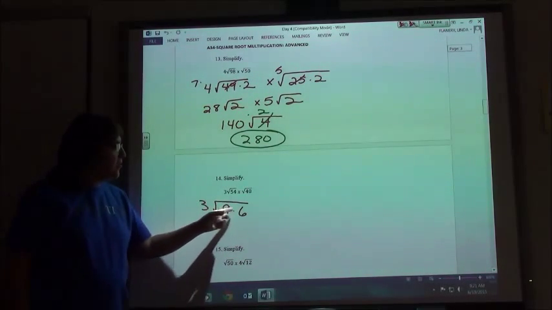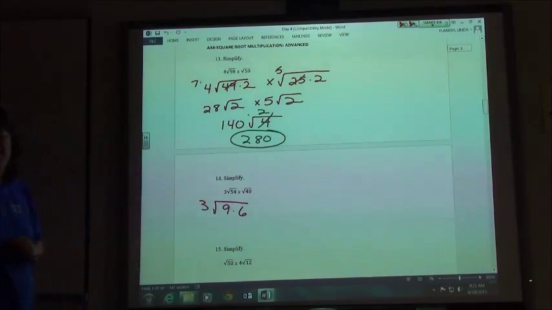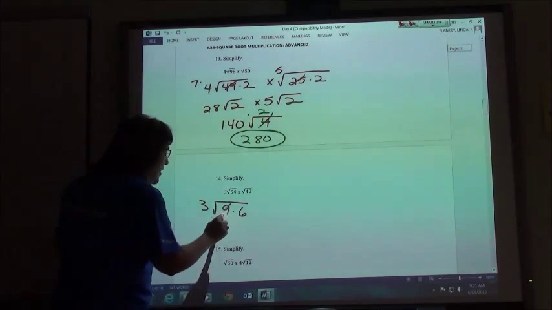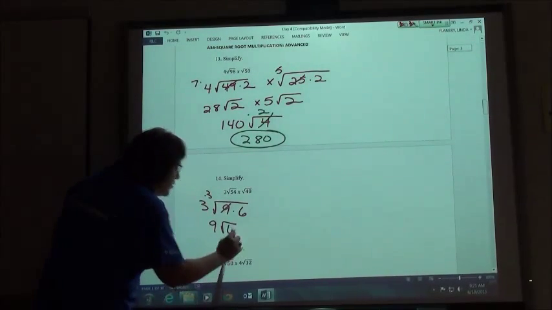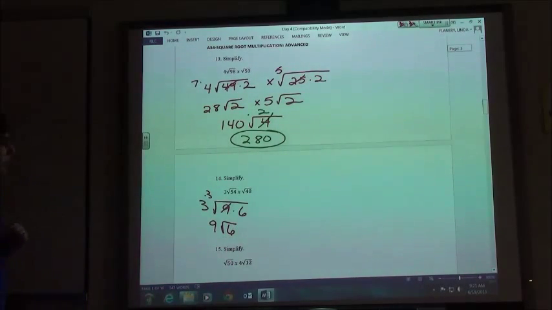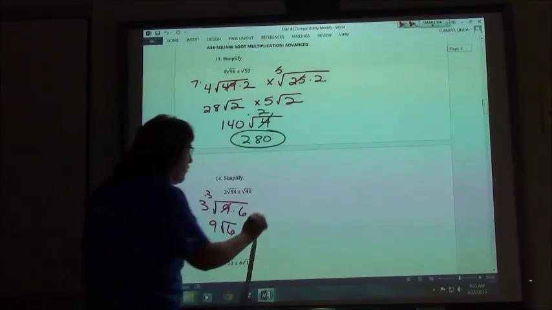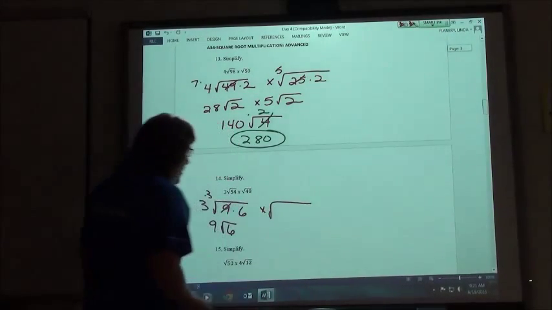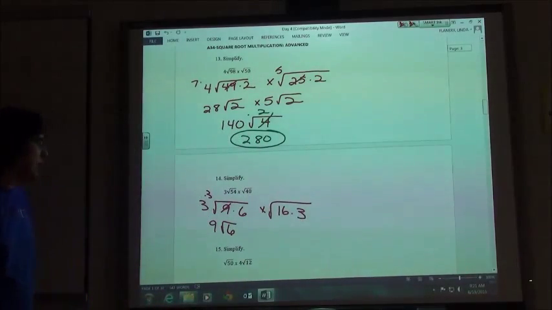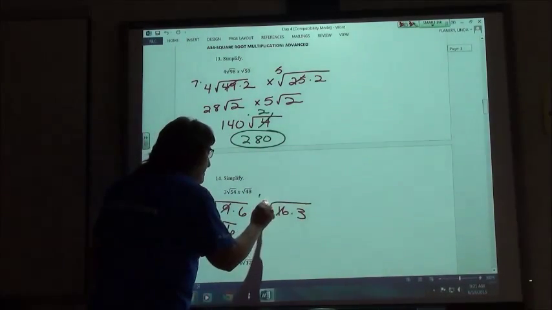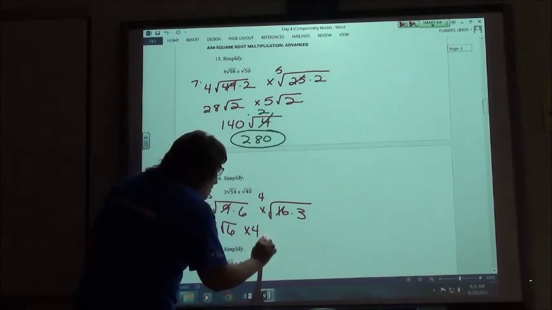I know that I can't do any bigger ones because 6 doesn't have any factors other than 1 that are perfect squares. Square root of 9 is 3, so 3 times 3 gives me 9, square root of 6. Then I have to times the square root of 48. 48, 16 times 3. Square root of 16 is 4, so I get 4 square root of 3.